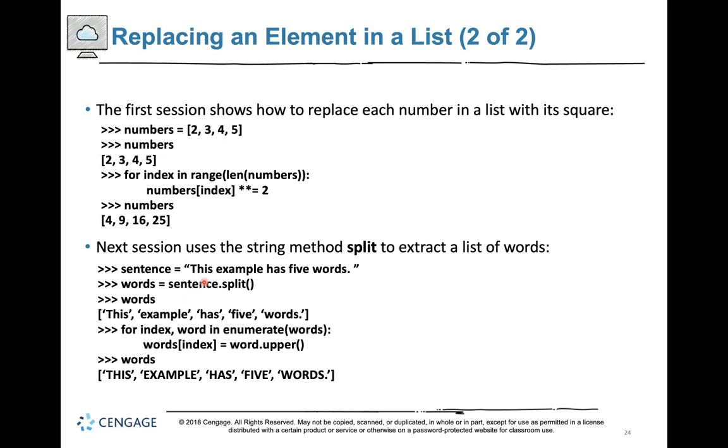Now, just one more example of a mutation on a list. Say you start with the numbers 2, 3, 4, 5 as a list. And then you can loop through that list using the range function. This is basically iterating through the indexes of that list, using the method that we've seen before on a string to iterate through its characters.